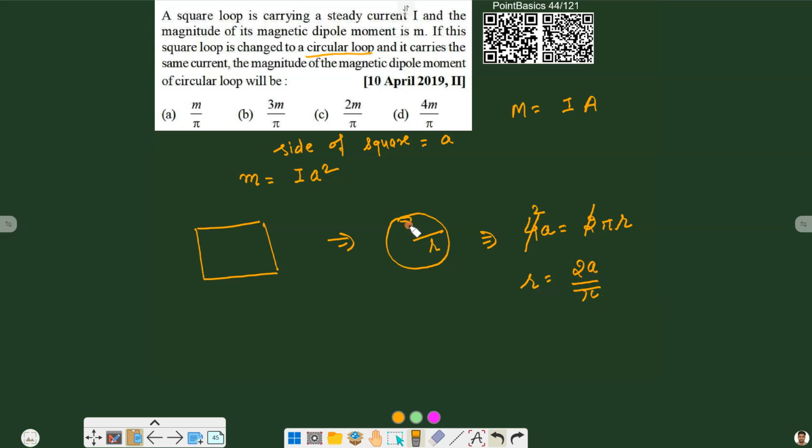Now as this circle has the same current as mentioned in the square, the magnetic moment for this circle will be I, the current is the same, times the area, and the area will be pi r square.